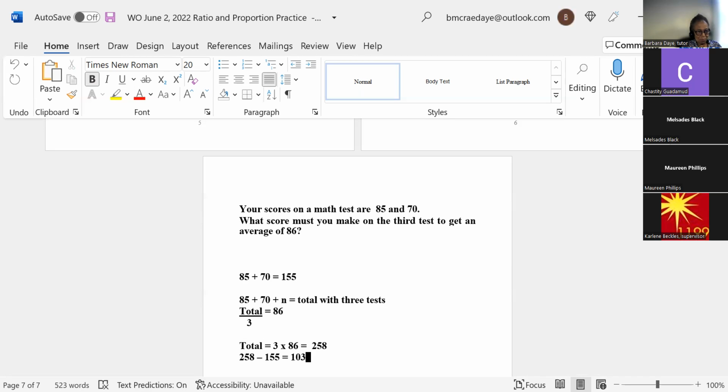You're saying to get the third answer, you'd have to first add 85 plus 70 together and get 155. That's right. You add the first 2 scores, and that is your total with 2 tests, right?